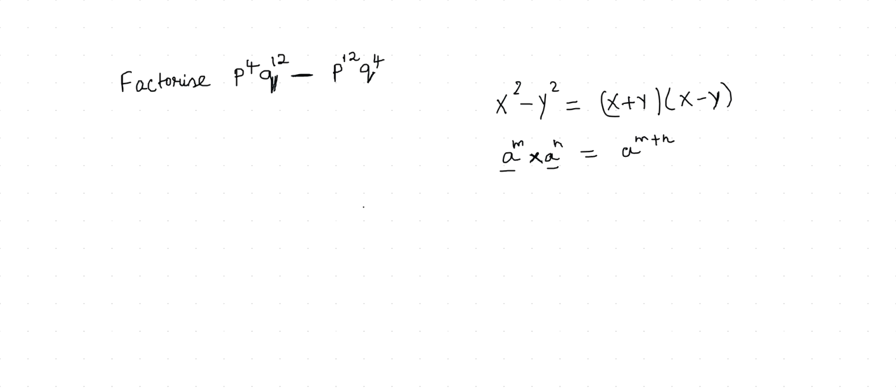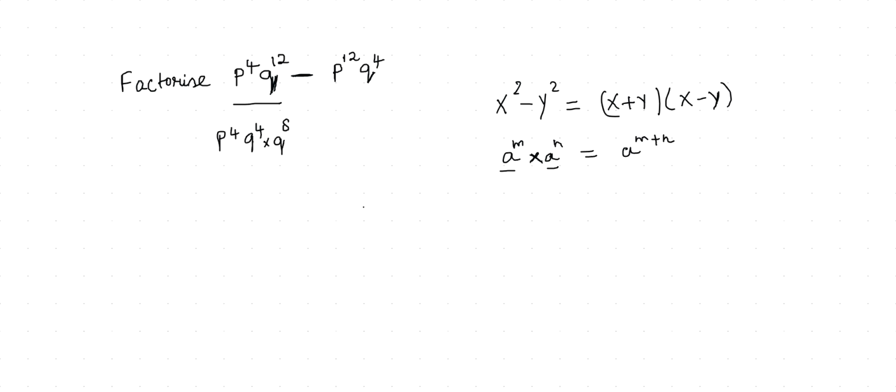Now, coming back to the problem. Take the first term, p to the power 4, I'm writing as it is. How can I rewrite this q to the power 12 using the laws of exponents? Can I write this as q to the power 4 into q to the power 8?